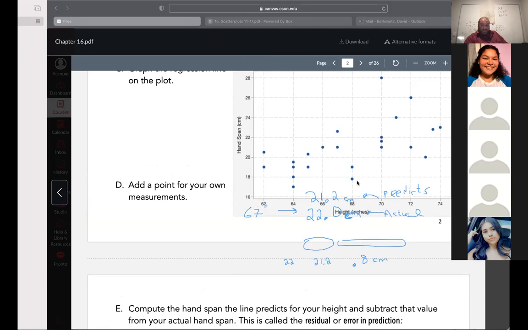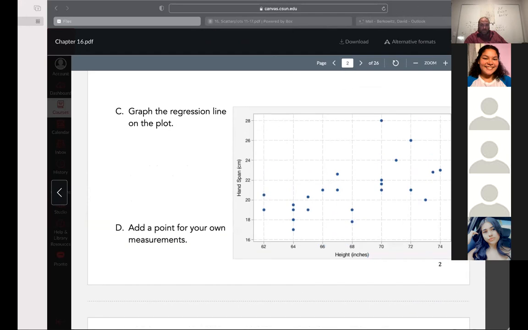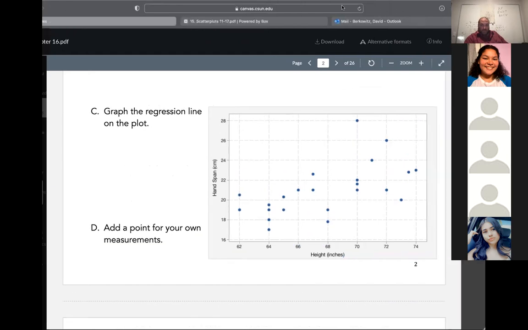So we know that 66 is 20.8, around there.